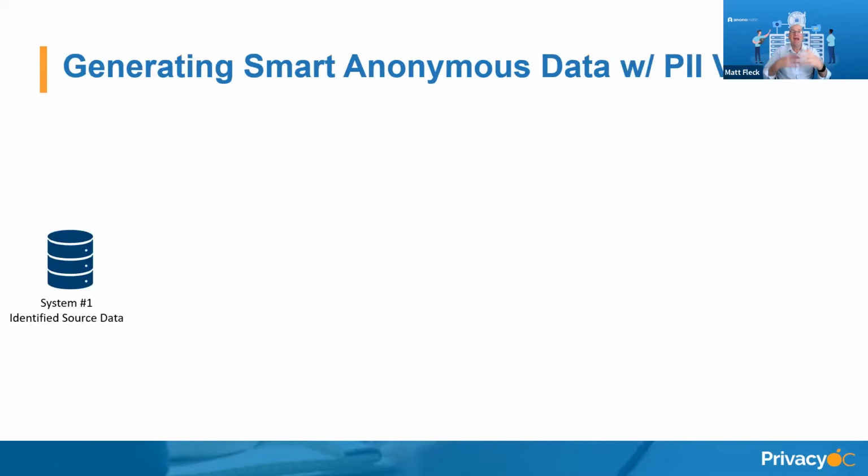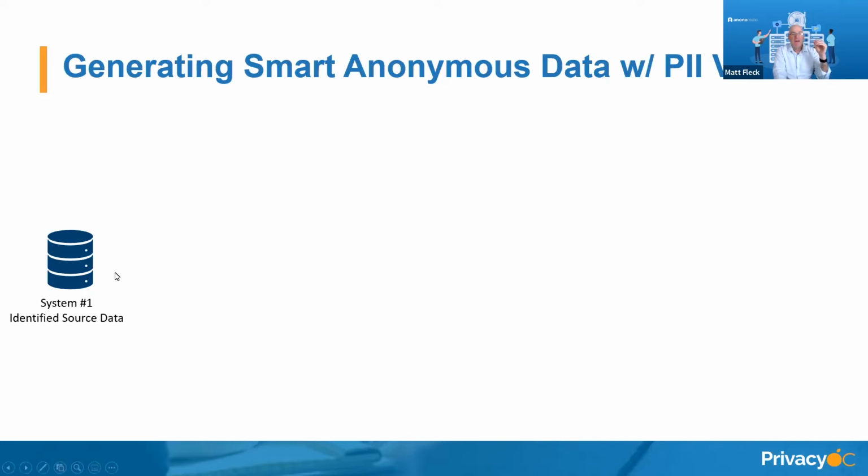So let's talk about how this actually works. If you're going to generate smart anonymous data with Anonomatic's PII Vault, the way it works is you have data coming from some source system. And source systems are typically very, very secure. They've got the row-level, column-level rights to who can see what data, what can they do.